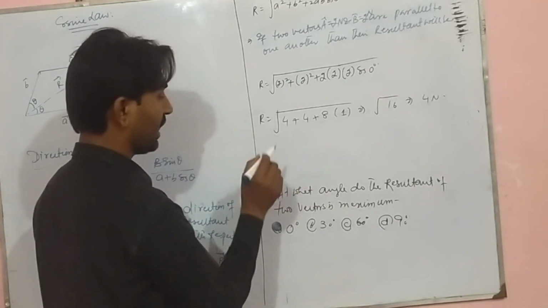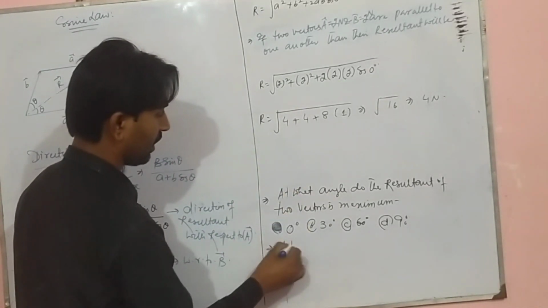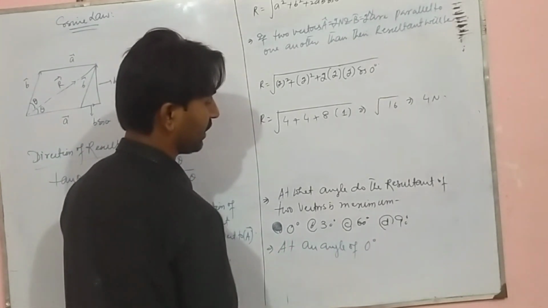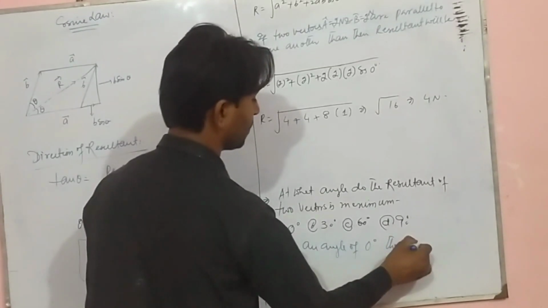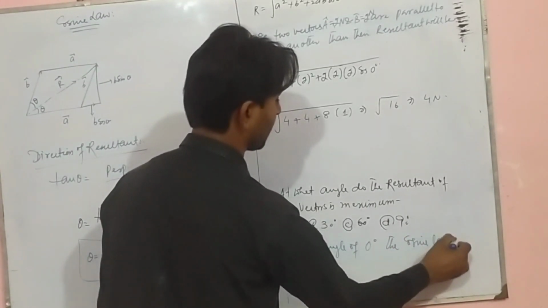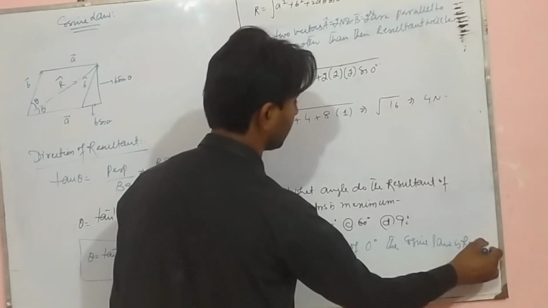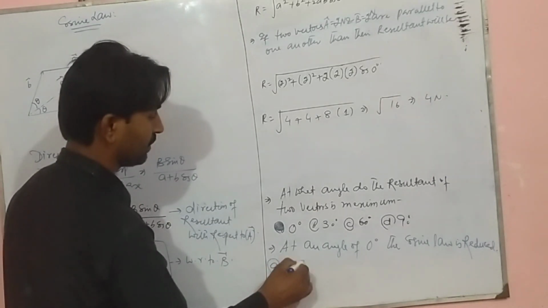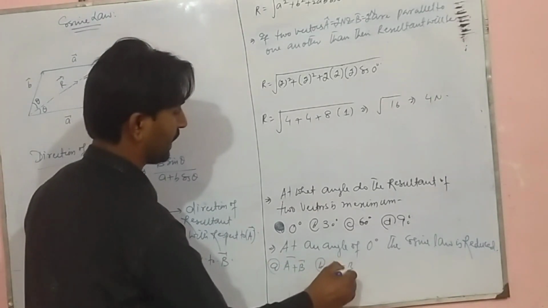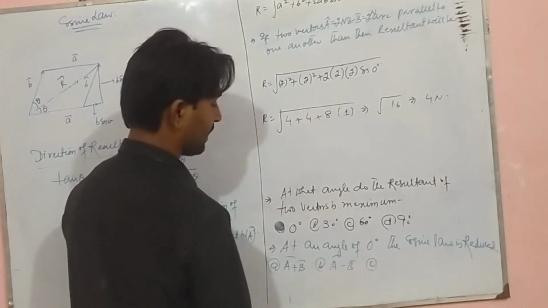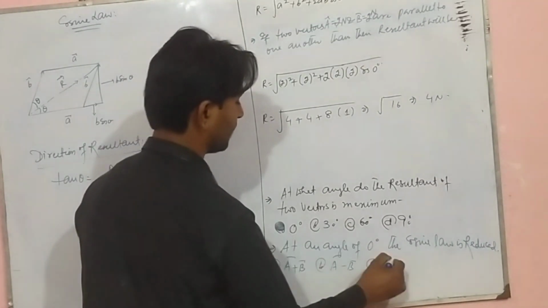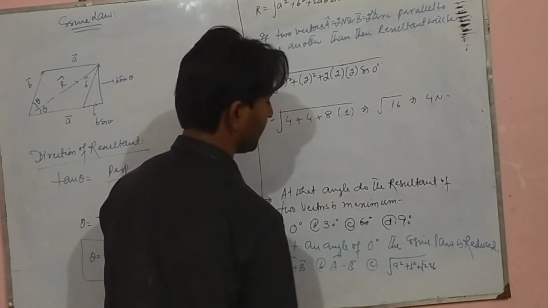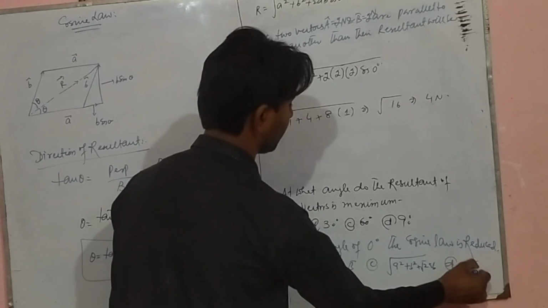So at an angle of 0 degree, the cosine law is reduced to the form: option A, a plus b; option B, a minus b; option C, square root of a square plus b square plus 2ab; or D, none of these.